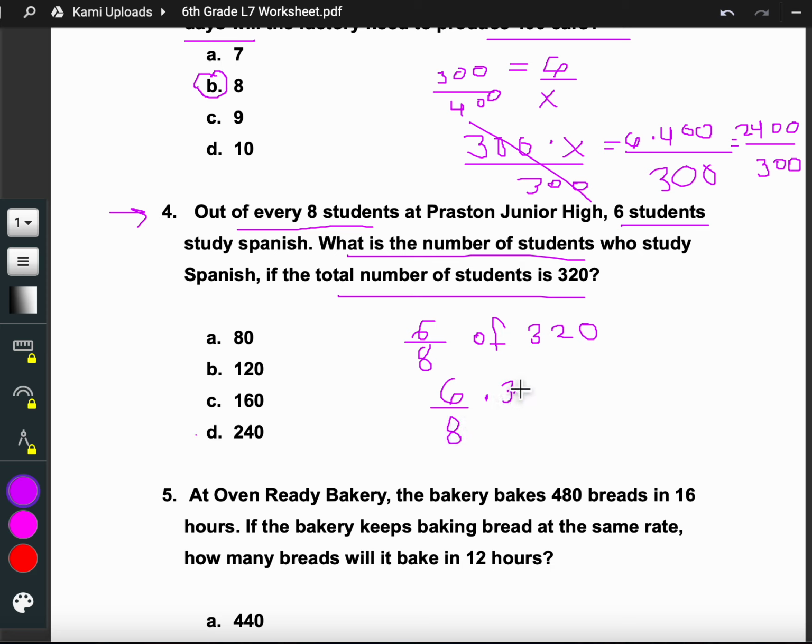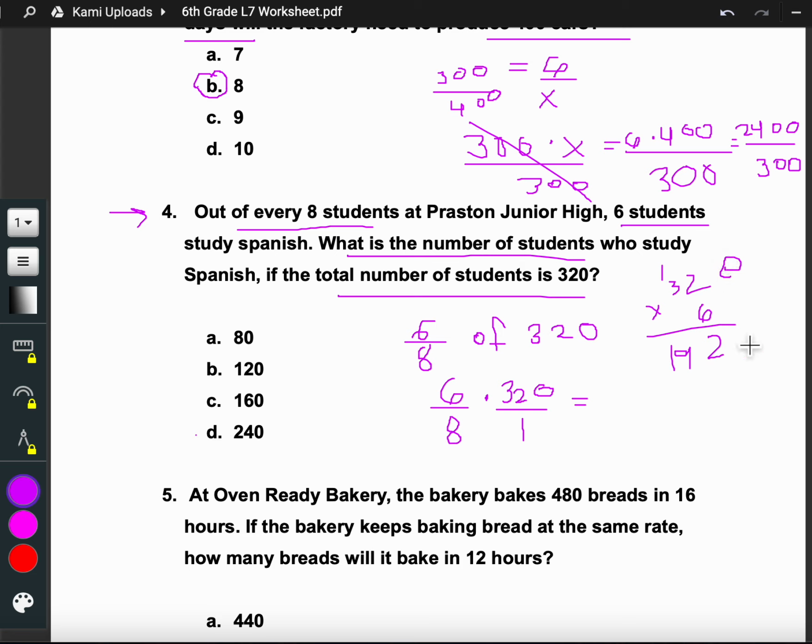So 320. And to make it easier, if you're a visual learner, you can add a 1 to the denominator if that helps. So quick multiplication. 32 times 6. 12. 18 plus 1, 19.